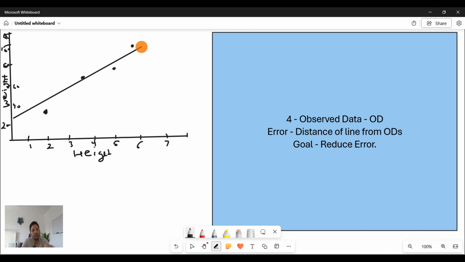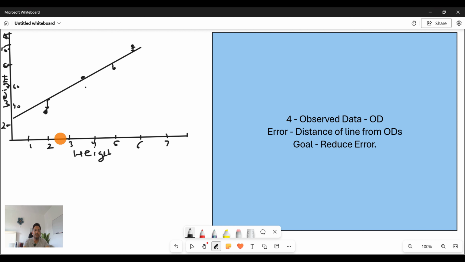This may be a little closer. Now you can see this distance is pretty close, this is pretty close, and this is pretty close. Once you find a place where this line is closest to all the points, meaning our error is minimum, there you have this line, and now you know the pattern.